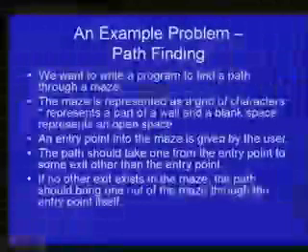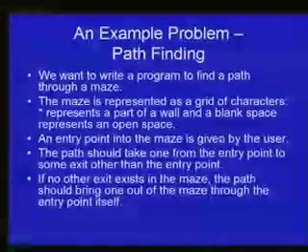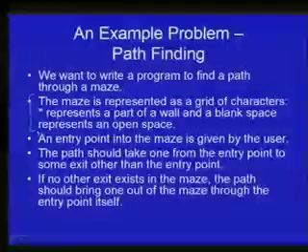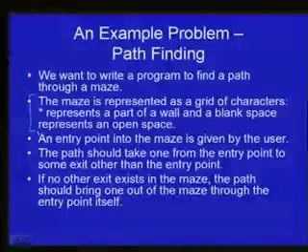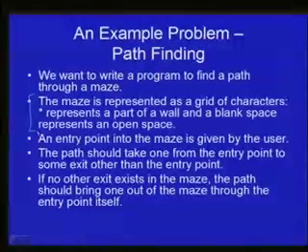The maze is given as an input by the user, and the entry point is also given as an input by the user. Let's assume that the maze is represented as a two-dimensional grid of characters, where a star represents a part of the wall and a blank space represents an open space through which movement is possible.